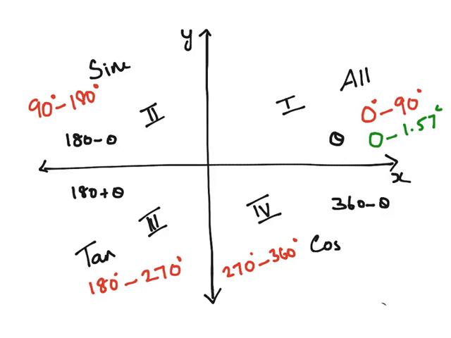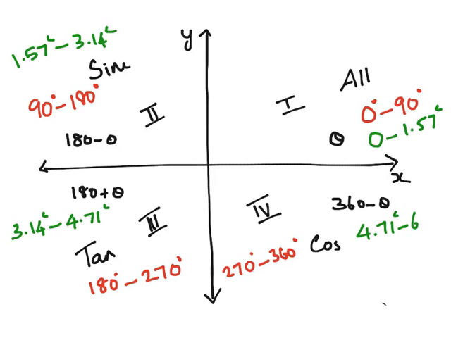In the second quadrant, pi by 2 to pi, that means 1.57 radian to approximately 3.14 radian, and in the third quadrant it is 3.14 radian to 4.71 radian, and in the last quadrant, the fourth quadrant, it is 4.71 radian to 6.28 radian, right?